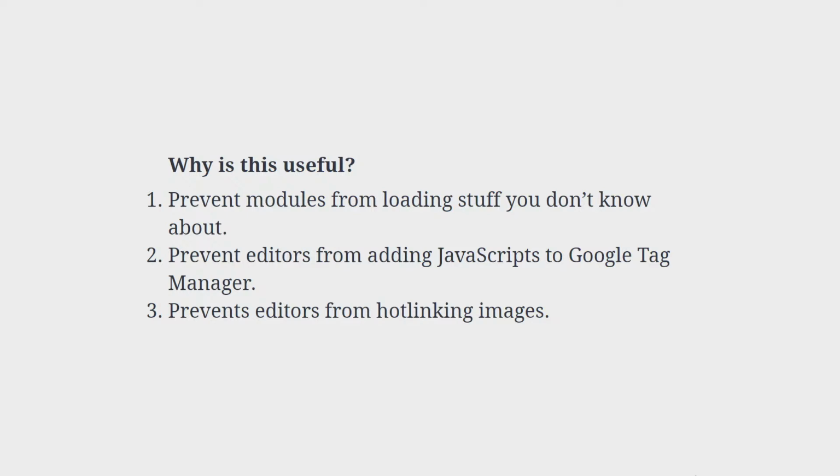Last year, or maybe 2 years ago, we had some problems in Germany with WordPress sites that were sued because the WordPress sites were loading fonts from Google. And if you had a content security policy, that would not have happened because you simply would not have allowed this as a source for your fonts. So that is quite helpful because you never know what modules load what in the background.